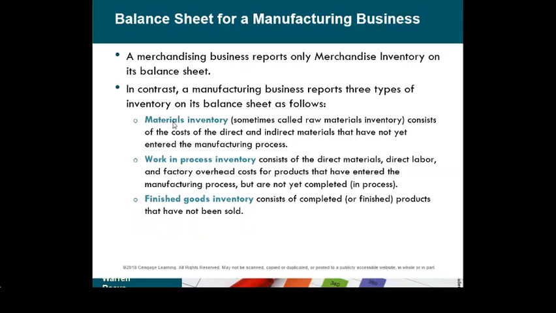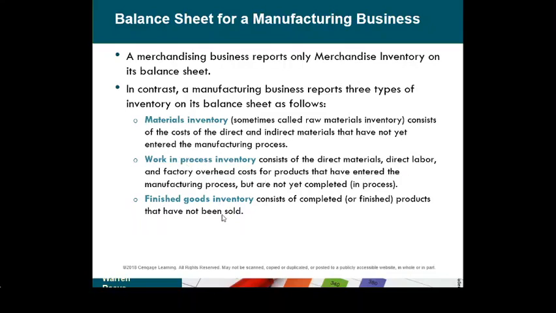It has three different inventories, which are materials inventory, work in process inventory, and finished goods inventory. Materials inventory are those materials that have not been used in the production, while work in process inventory are the half converted materials that have not yet been converted into finished goods.